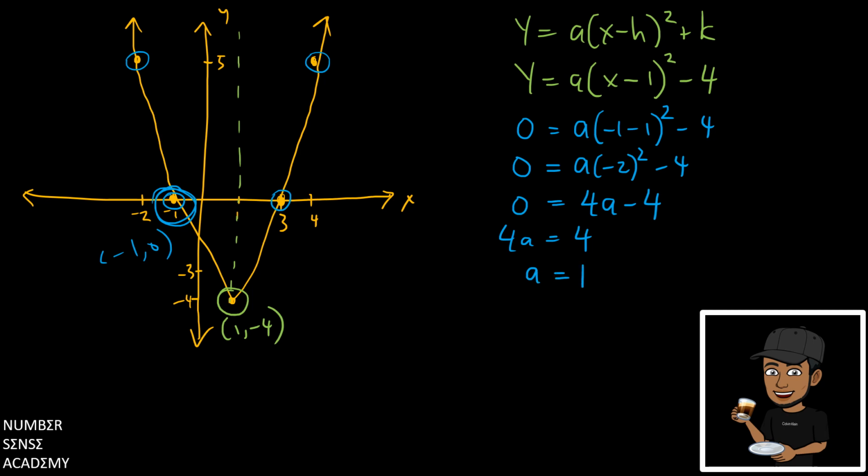All right? So my equation just becomes y is equal to x minus 1 squared minus 4. All that really happens here is that we have y equals x squared, and we move it 1 to the left and down 4, or 1 to the right and down 4. Remember what I said, you always have to solve for a, because you never know if you're going to end up with a negative value or not.